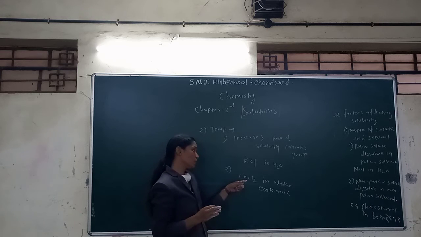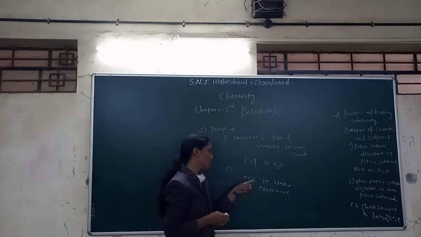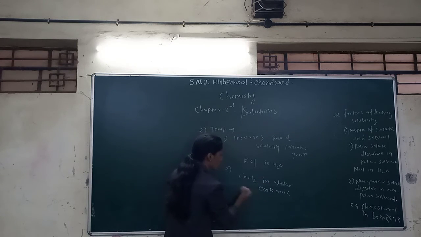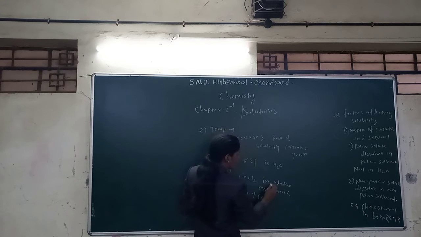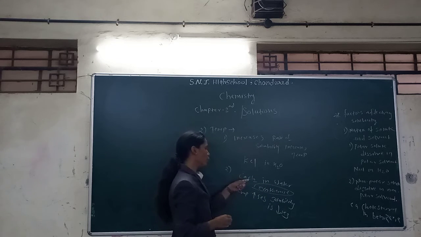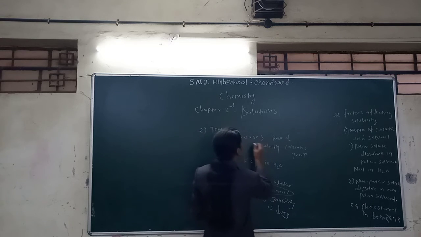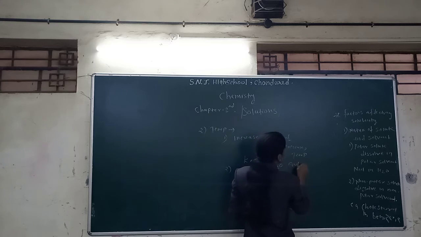Therefore, when temperature increases, the dissolution rate of CaCl2 in water decreases, because the reaction is exothermic. Addition of CaCl2, calcium chloride, in water is an exothermic reaction. Here the addition of KCl in water is an endothermic reaction.